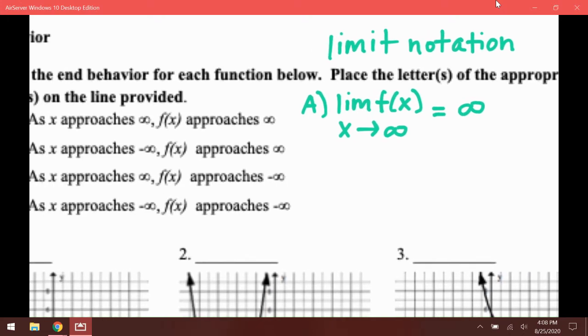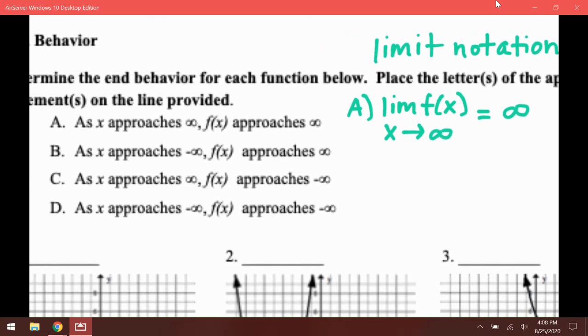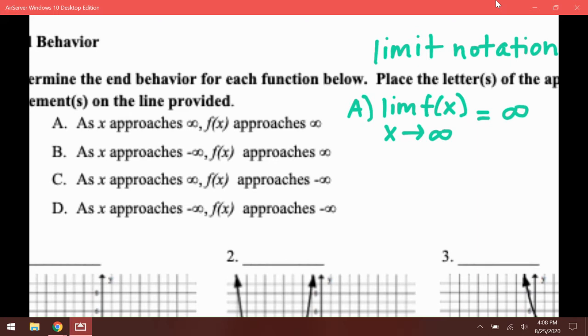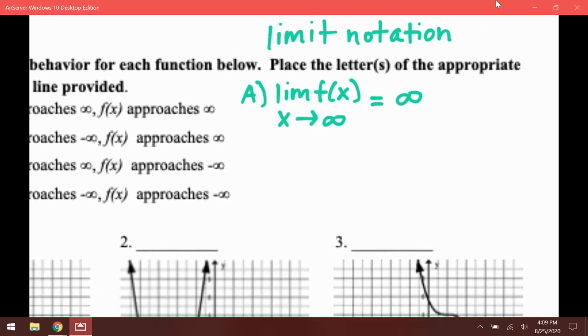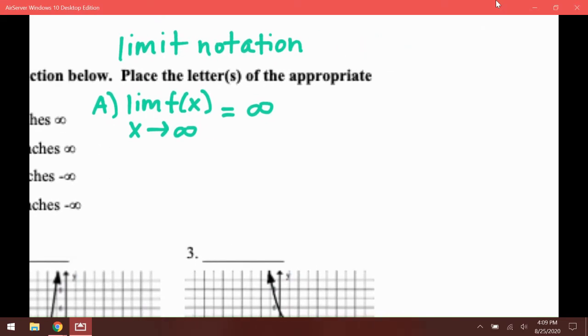So A and A are exactly the same. This is how you write it in limit notation, which is the way I would like you to write it. The way that you read this is the limit of f of x as x approaches infinity equals infinity.